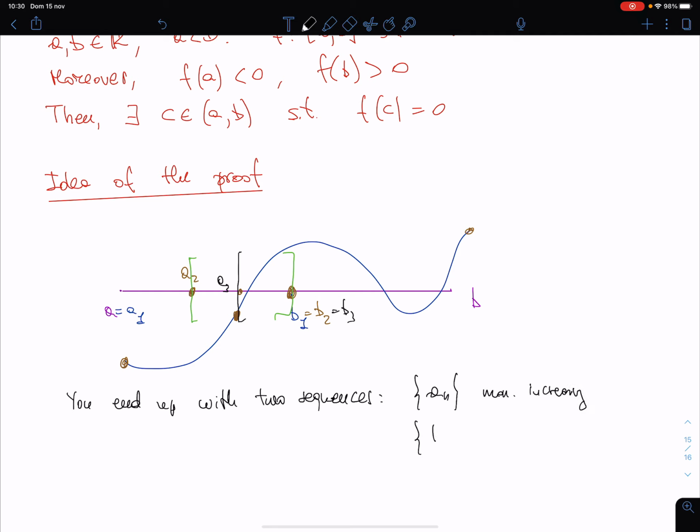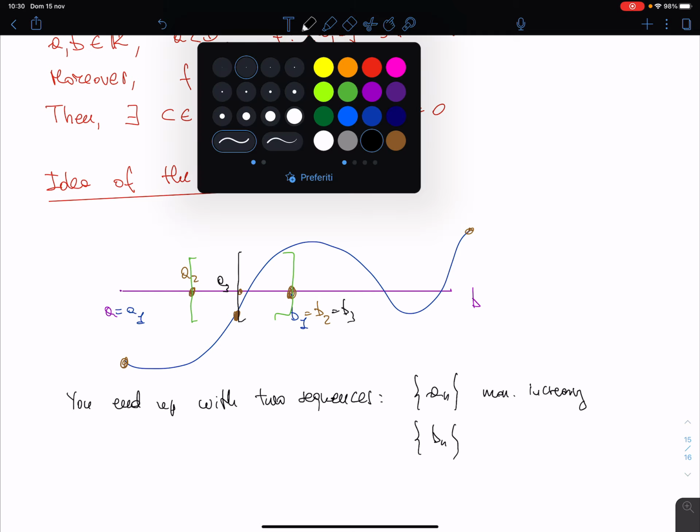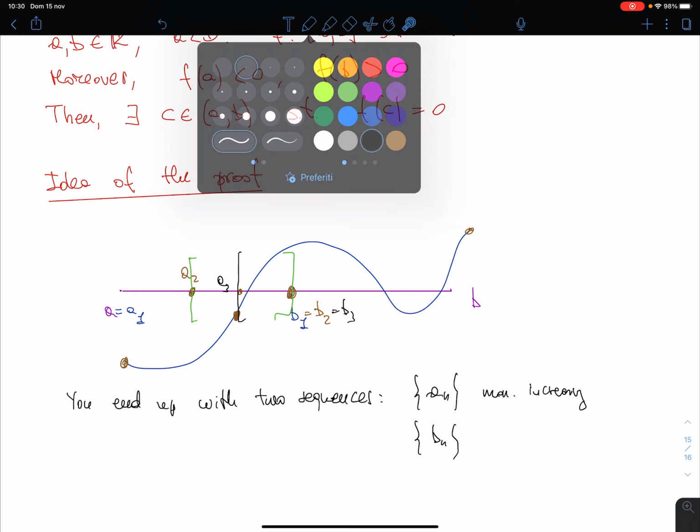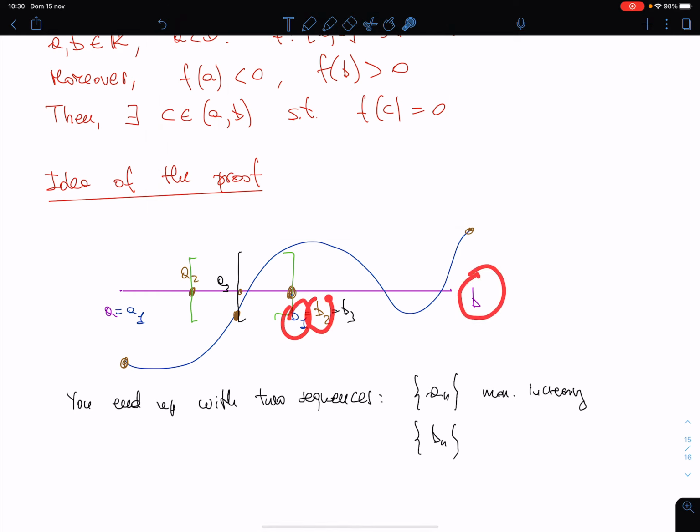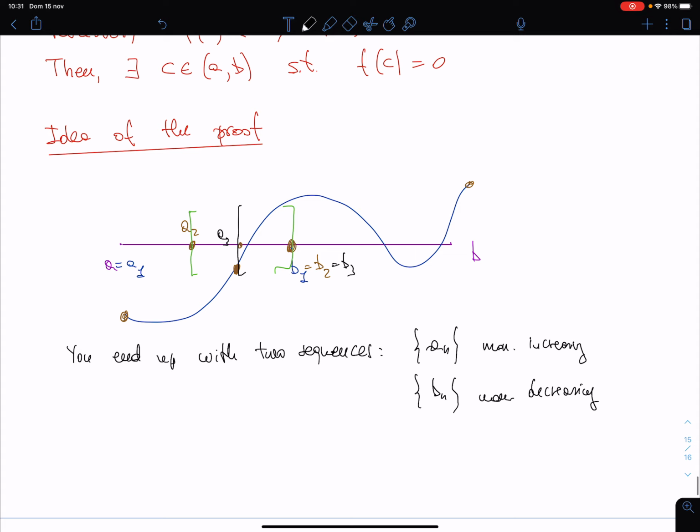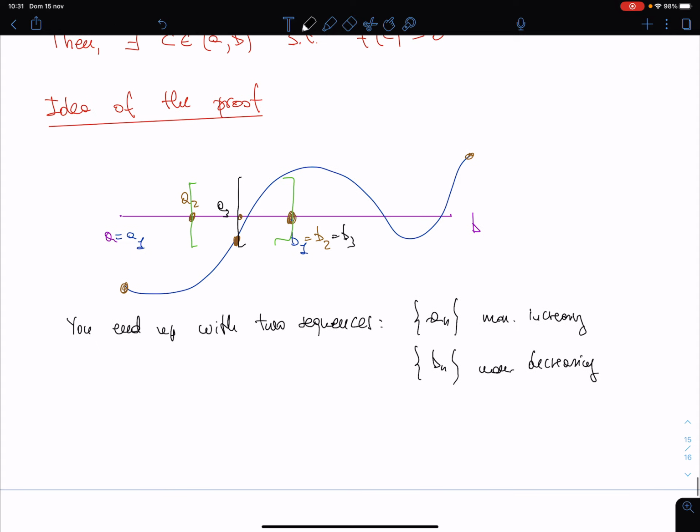And Bn, which is the sequence of the right extremes of the intervals, B1, B2, B3, which is monotonically decreasing. Of course, they are also bounded, so they converge.